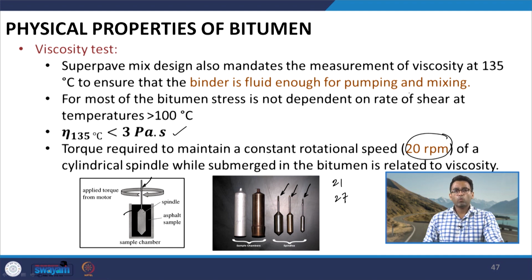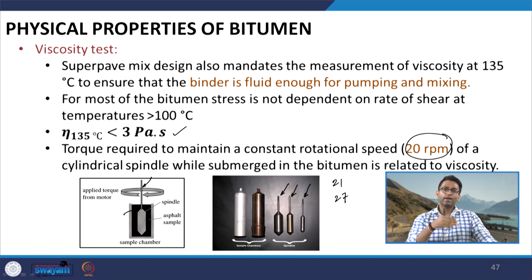So, here what we are basically doing, we are trying to measure the torque which is required to rotate the spindle inside the bitumen sample at a fixed shear rate. Now, try to understand it in this way: depending on the viscosity of the bitumen, the torque required to rotate the spindle at a fixed shear rate will be different for different types of bitumen.